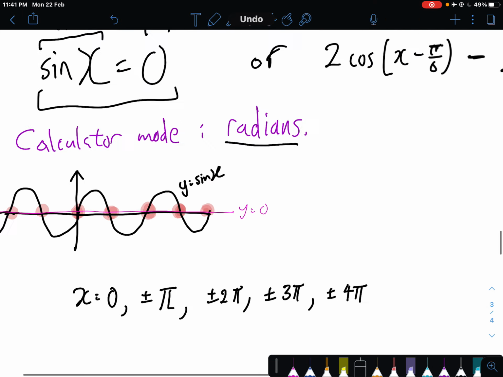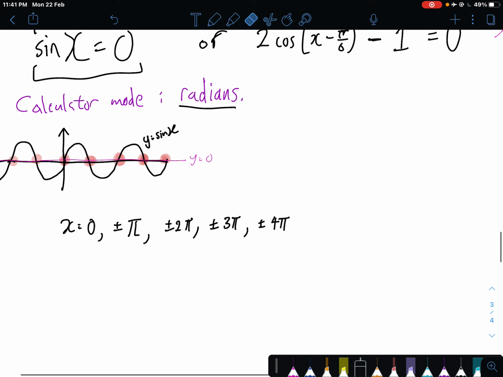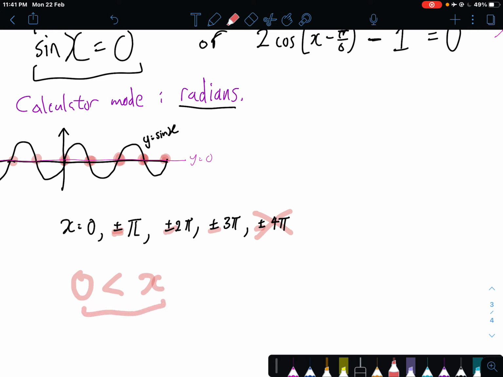So definitely those angles that are outside of 3 pi are out, cannot. Those that are negative, also out. We only want positive, more than 0. 0 less than x is the same as x more than 0. Looks like a happy face.